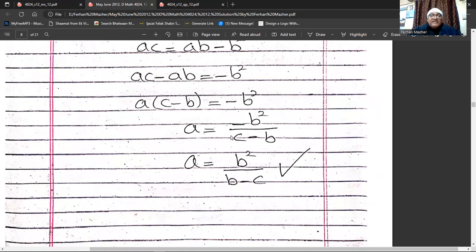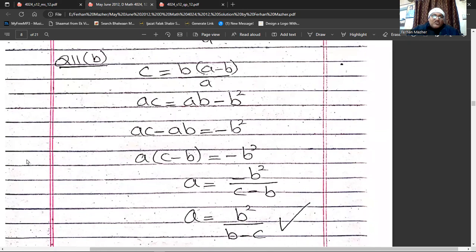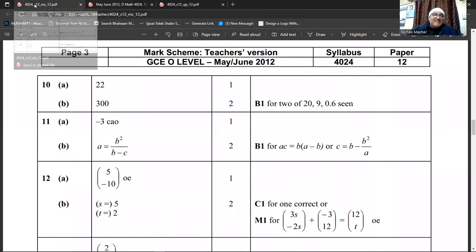So bring this, give minus downstairs. So upper will become positive, and their order will change. It was C minus B, now it will become B minus C. So A is equals to B square divided by B minus C. Our answer is right.